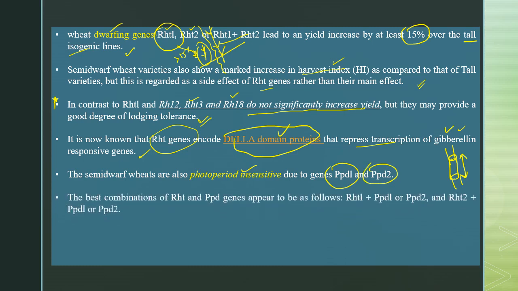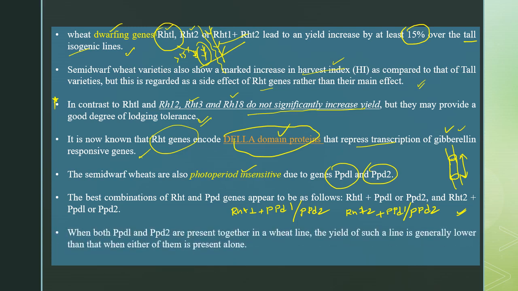And if we see the best combination, we will find that if in a variety RHT1 plus PPD1 or PPD2 is present, or RHT2 plus PPD1 or PPD2 is present, these two will be the best combinations for semi-dwarf wheat varieties.